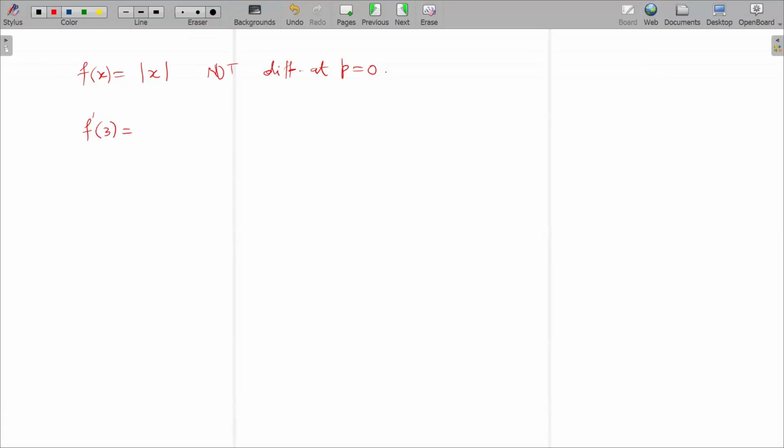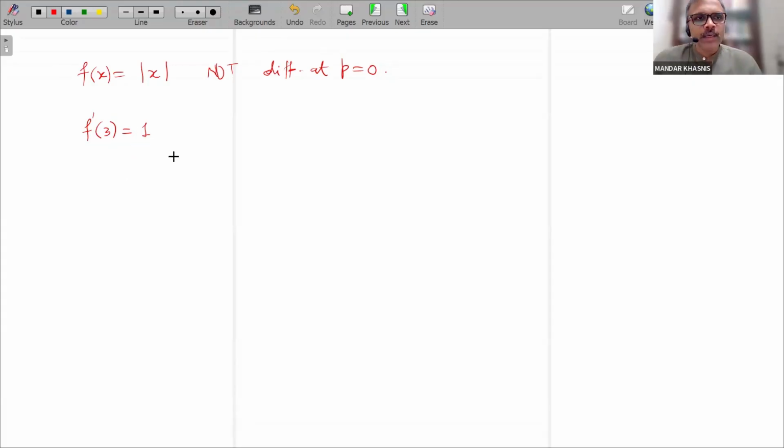At every x greater than 0, f dash is going to be 1, and for each x less than 0, f dash is going to be minus 1 simply.